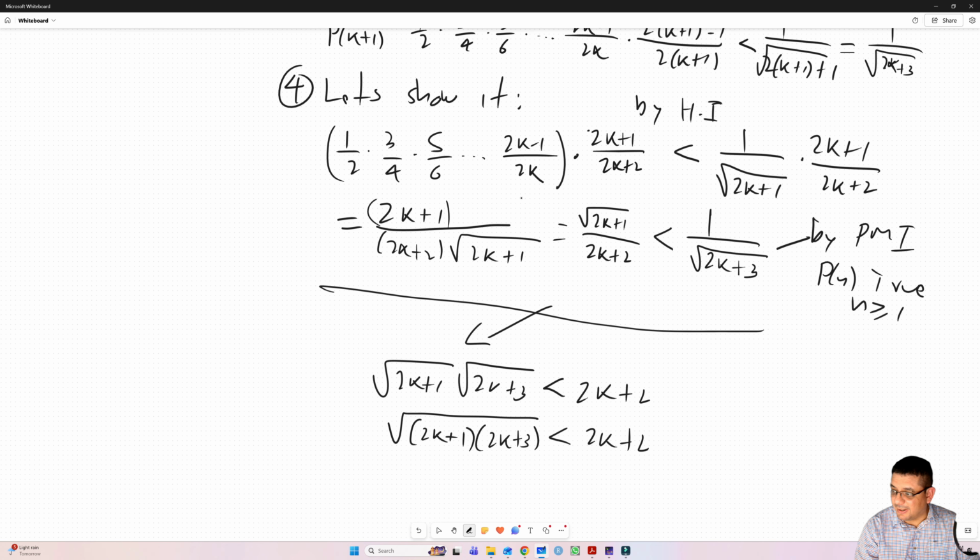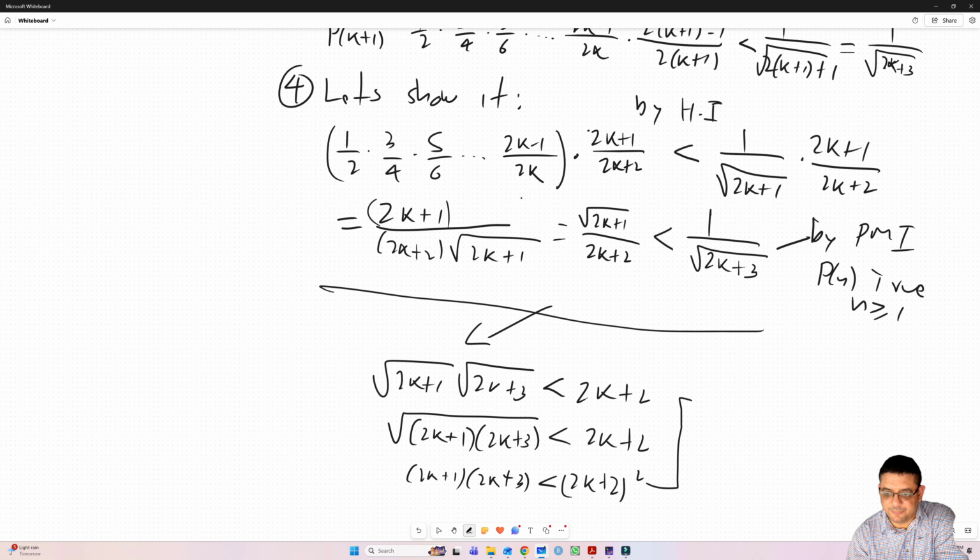Notice that now I'm going to multiply by the same inequality twice. So now I'm going to get (2k plus 1) times (2k plus 3) less than (2k plus 2) squared, because we multiply the inequality by itself.